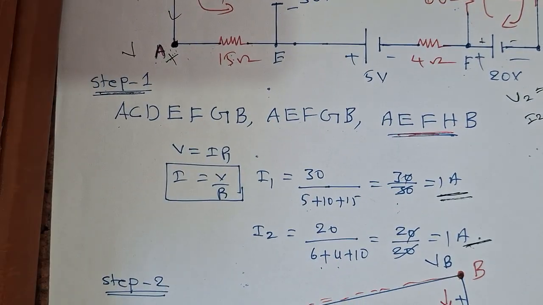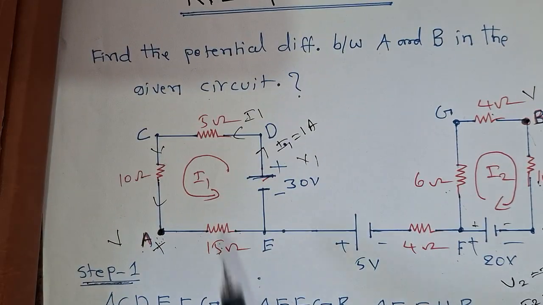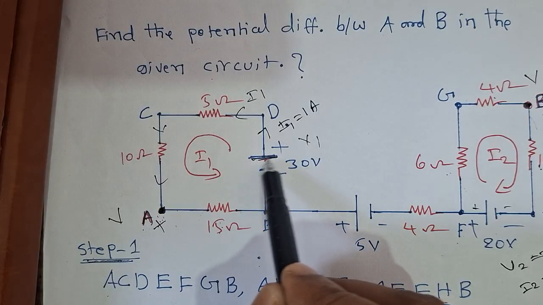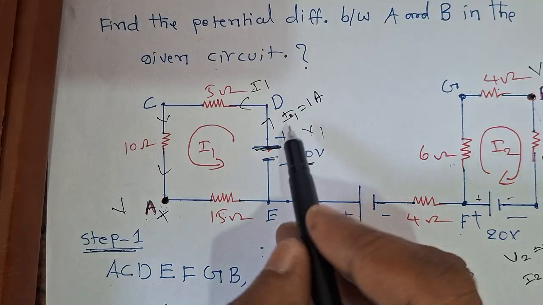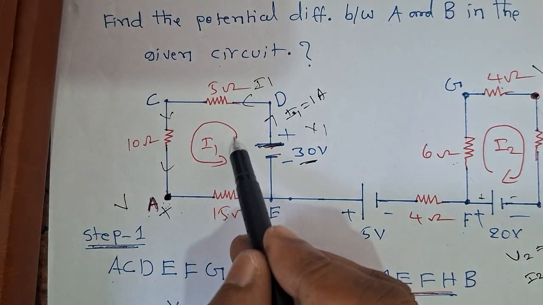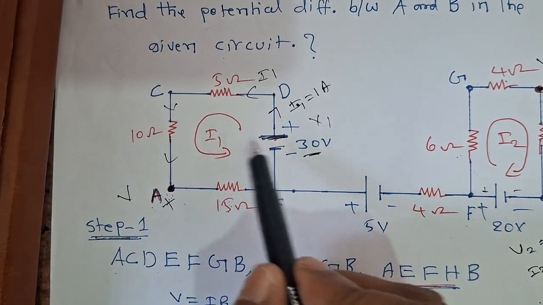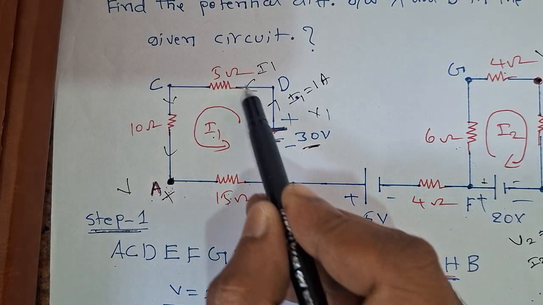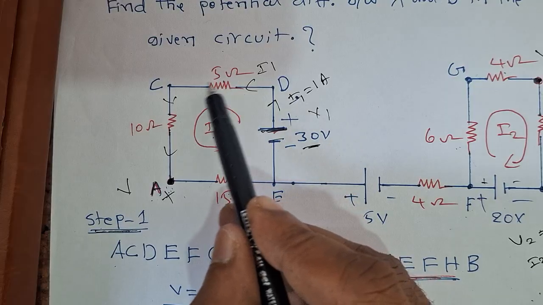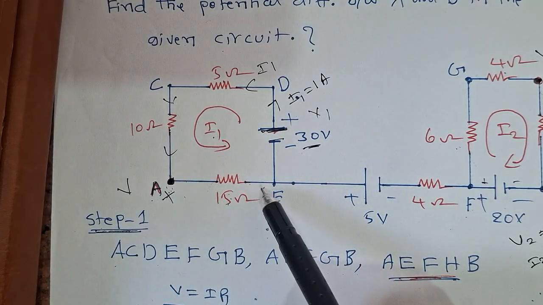Now let us see. First, find the current from battery 1. This is the battery, and this voltage V1 is given. You have to find current I1. This I1 is equal to the voltage divided by the resistance. These three resistors are connected in series.